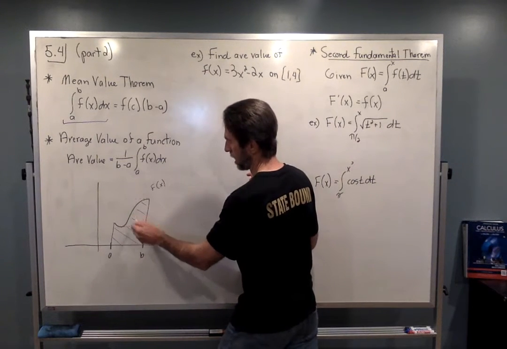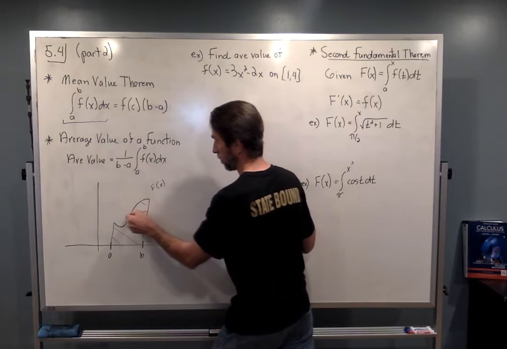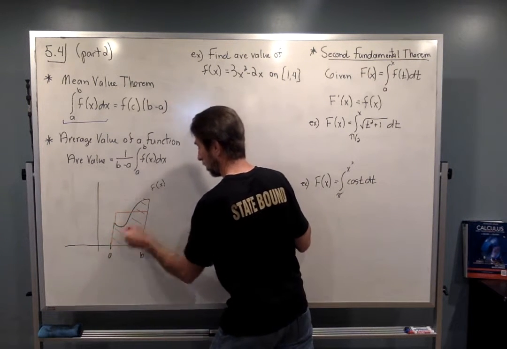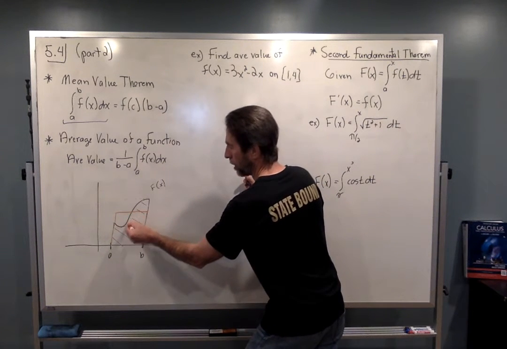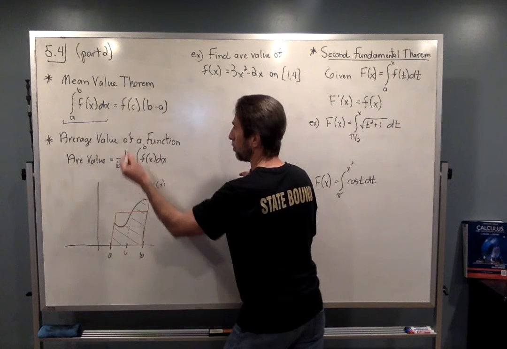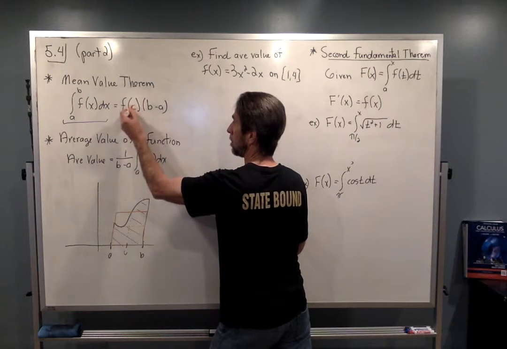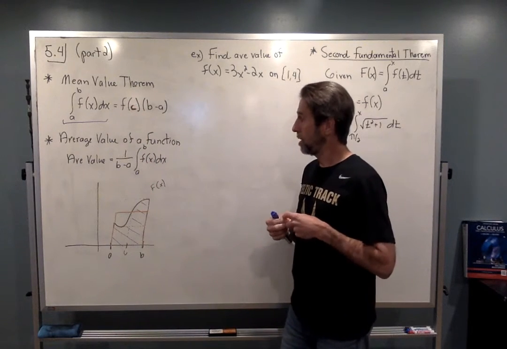So let's just say it happens to be about right here. That point along the x-axis is that c value that we're looking for. So that's basically what the mean value theorem says.